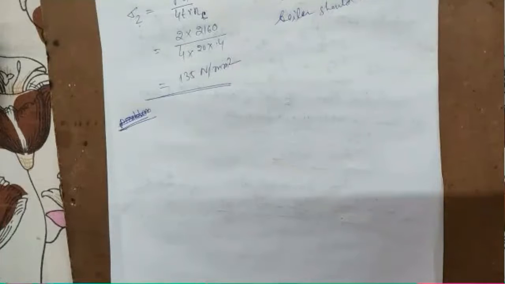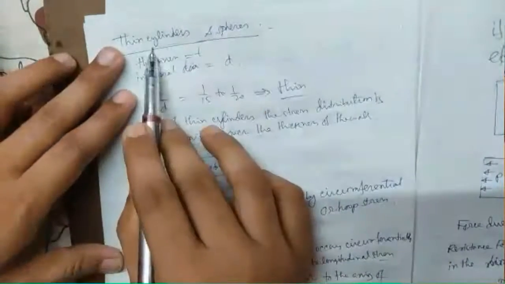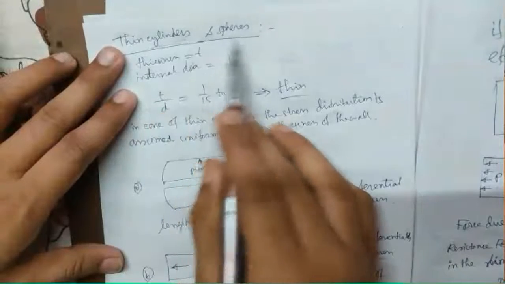So now we will go to our next topic. If the vessel is of sphere type, previously we have discussed cylinders. Now we will go to spheres.